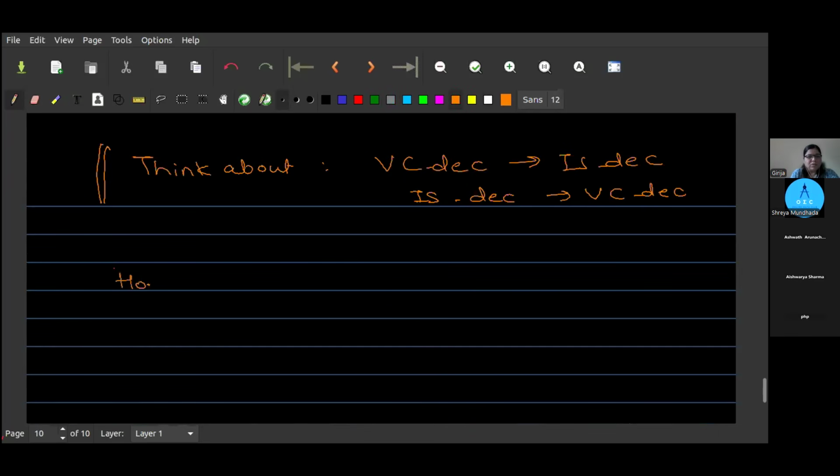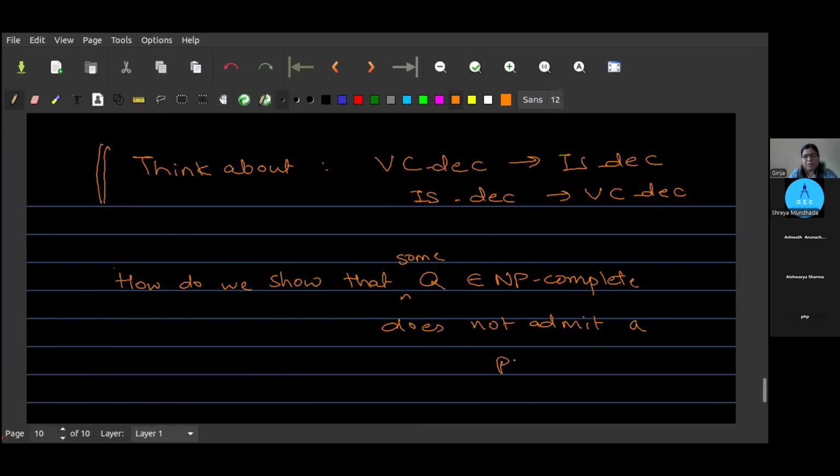So how do we show that some Q, which is NP complete, not just NP, does not admit one at all? It's not that it's our limitation, or that maybe it will need 10 more years. Maybe it will never admit a polynomial time algorithm. How will you show that? That is another question somebody had asked, and it's also related to this discussion.